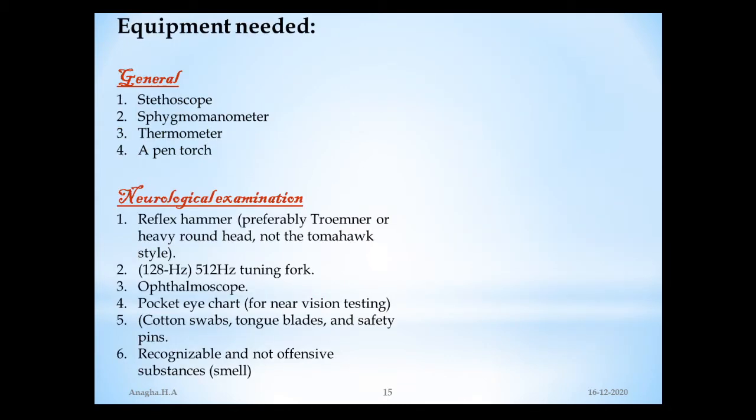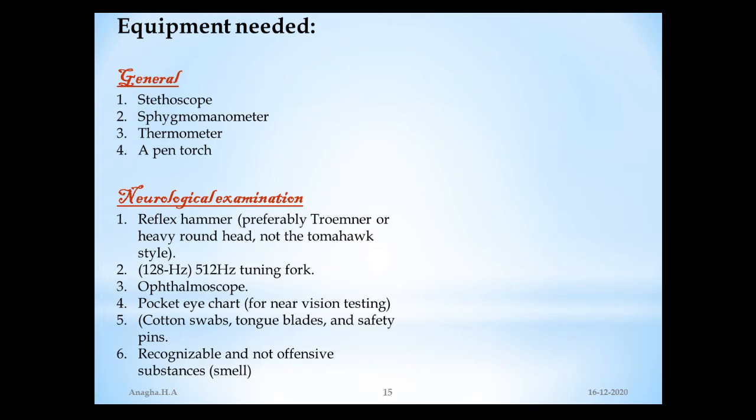Before going to any examination, it is always important that before entering the exam hall, we keep these things ready. The equipment needed, in general, is a stethoscope, sphygmomanometer, thermometer, a pen torch. Coming specifically to the neurological examination, we have to keep ready reflex hammers, then a tuning fork. Be careful not to choose the 128 Hz, because in both Rinne's and Weber's tests we use a 512 Hz tuning fork.